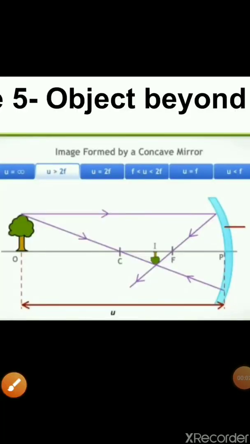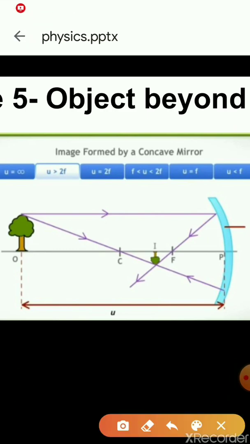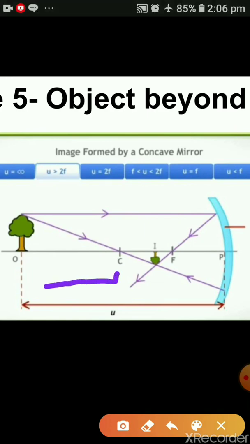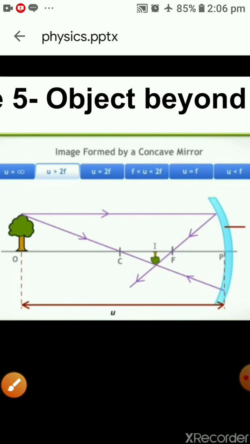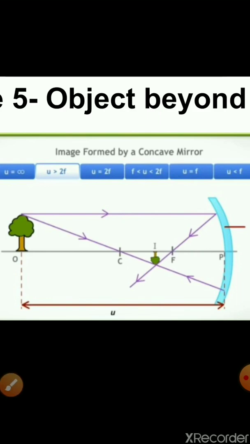Now children, we are having our fifth case, when the object is placed beyond C. Where is the object kept? Beyond C. You can see it is not at C, it is behind C, so it can also be known as behind C, meaning beyond C. So when the object is beyond C, image formation is in this way.